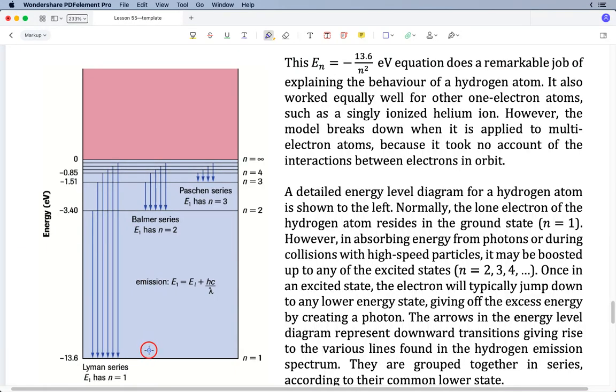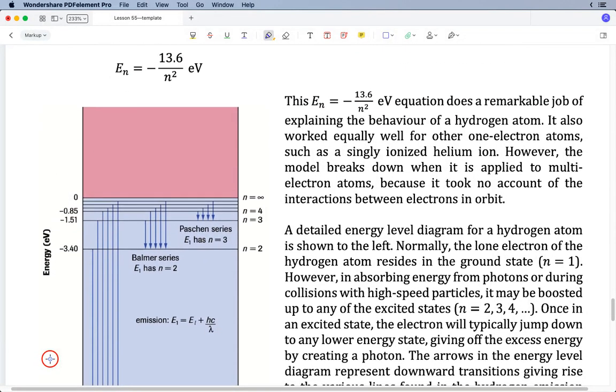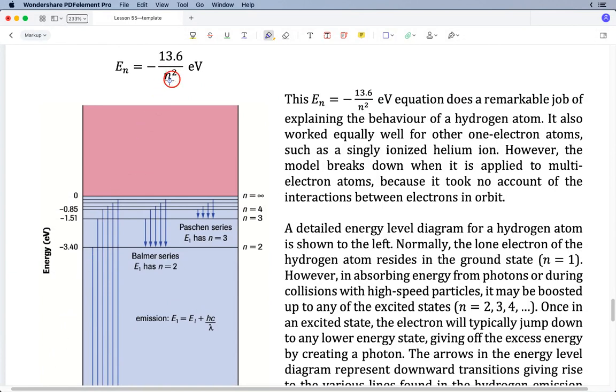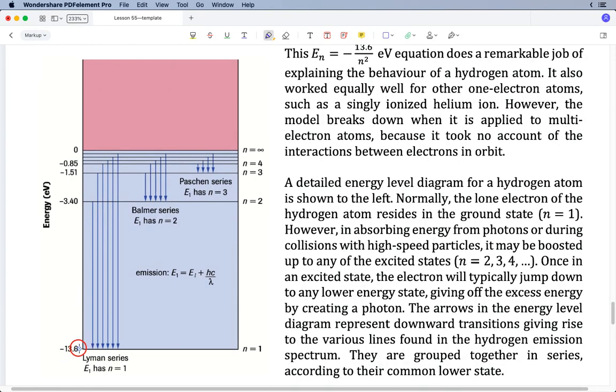So whenever our electron, for example, is in the first orbit around the nucleus, it has an energy of minus 13.6 electron volts. Okay, that would be if we put 1 into our equation. Minus 13.6 divided by 1 squared is just minus 13.6. So that's where this number comes from.